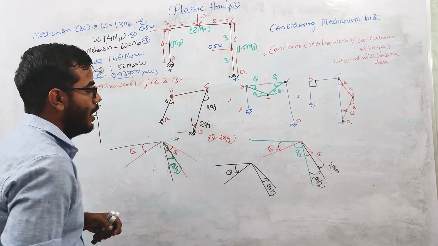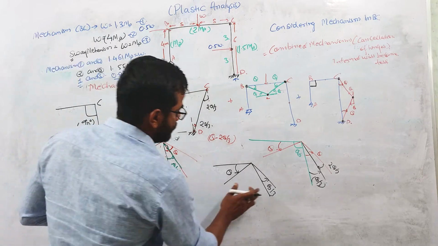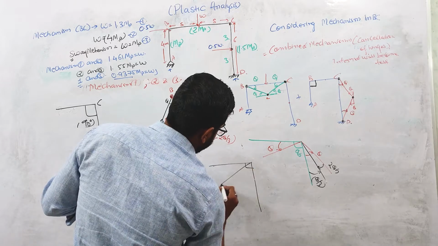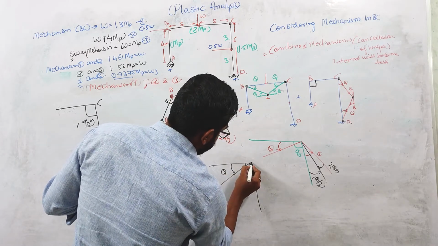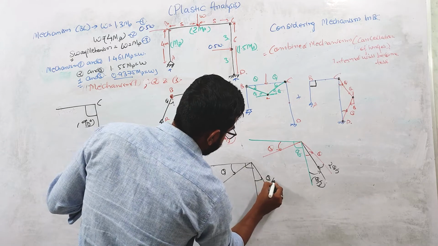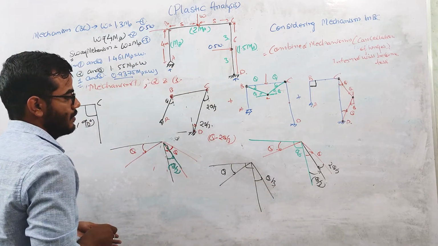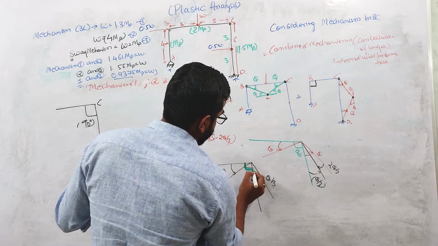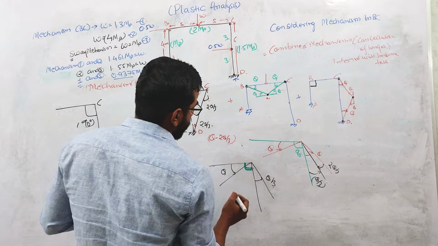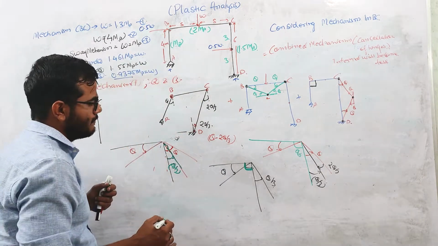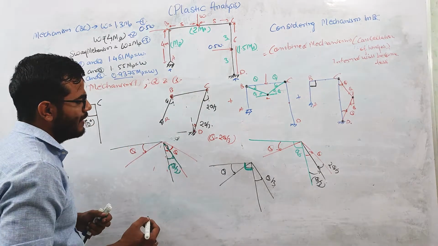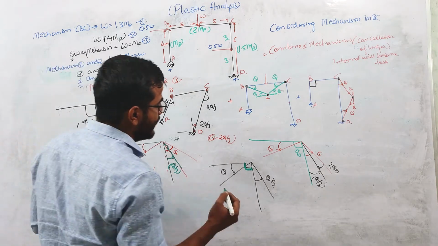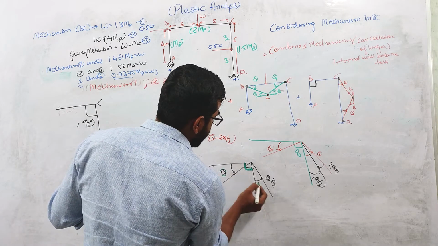Now if someone asks you, initially the angle is 90, and this is theta, this is theta by 3. The initial angle between these members is 90 degrees, so the angle between these two members is either less than or more than 90 degrees, but it is not 90 degrees because this is theta and this is theta by 3.